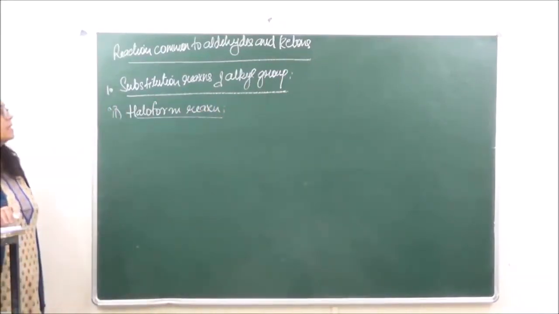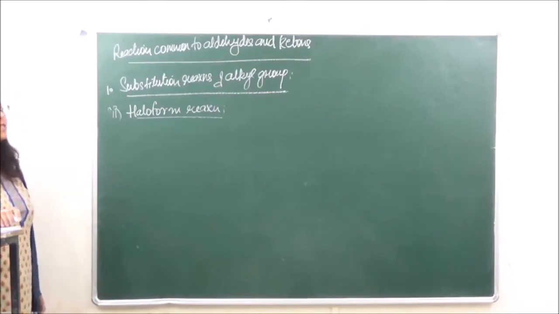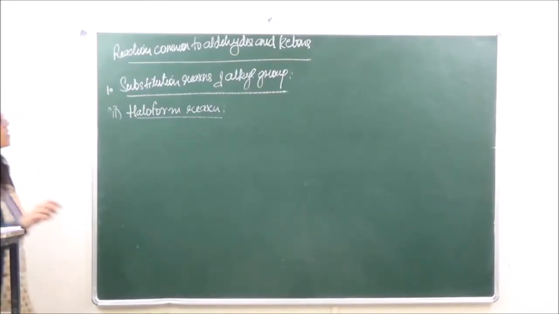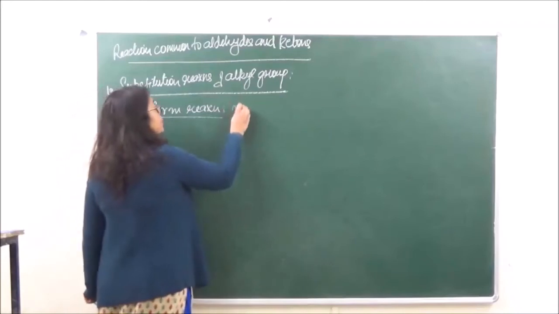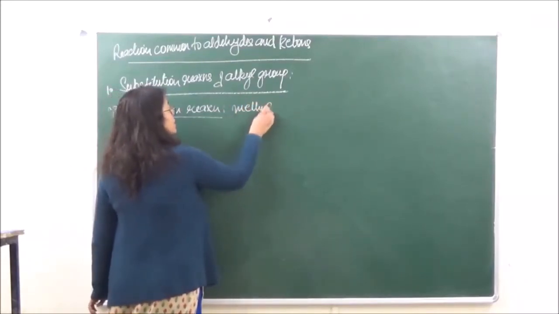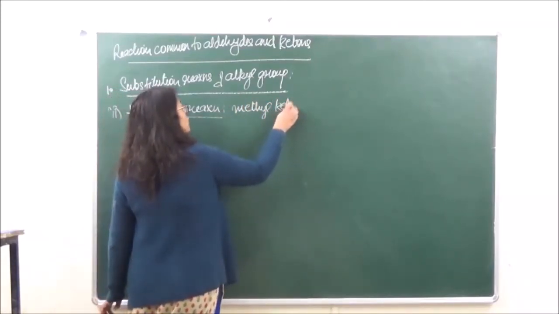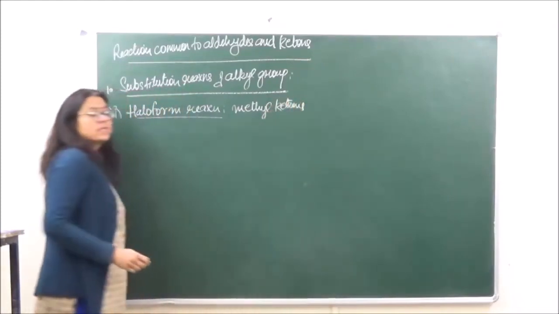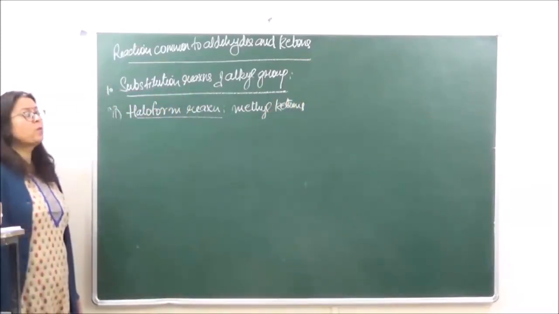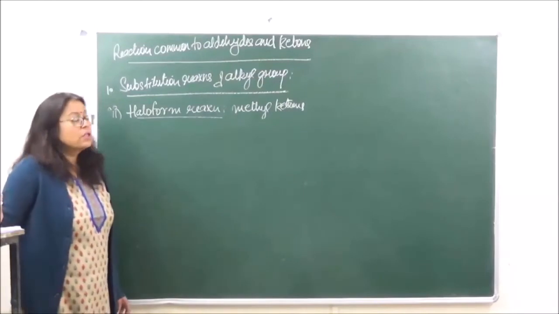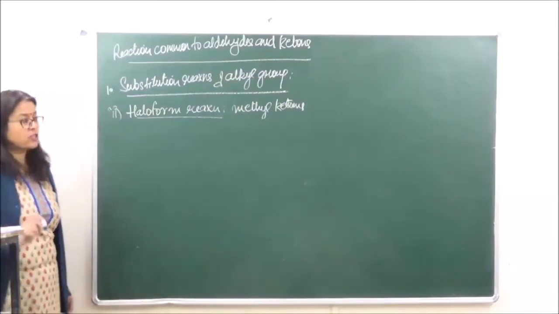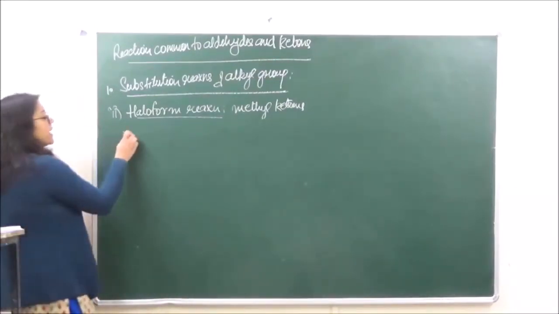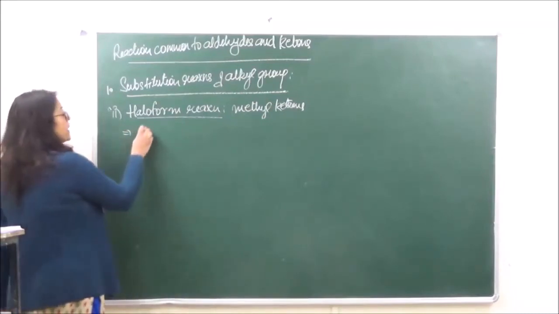haloform reaction. This haloform reaction is a specific reaction of methyl ketones. By methyl ketones we mean that with C double bond O there should be one CH3 present. So this type of reaction, the haloform reaction, can only be given by the following compounds.